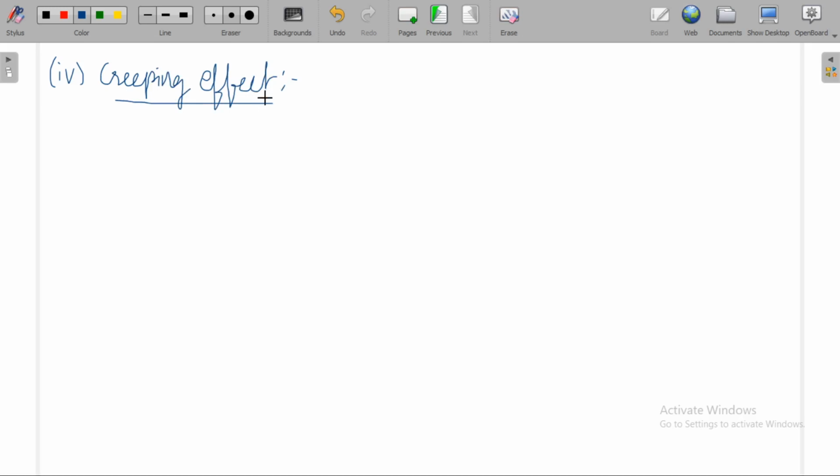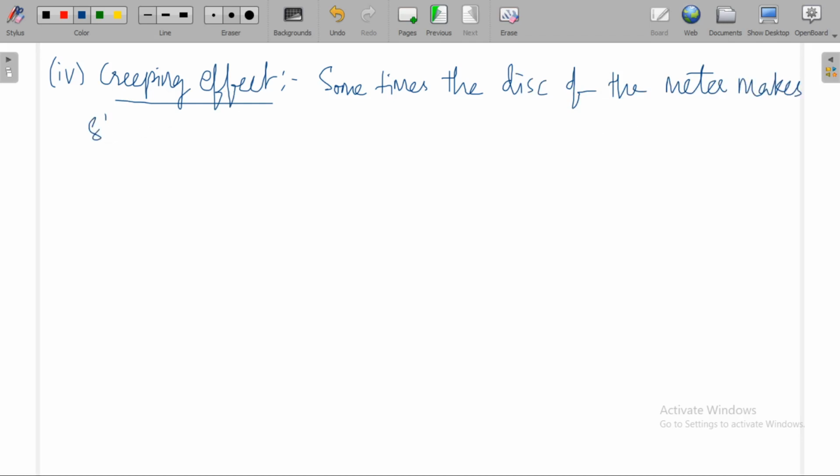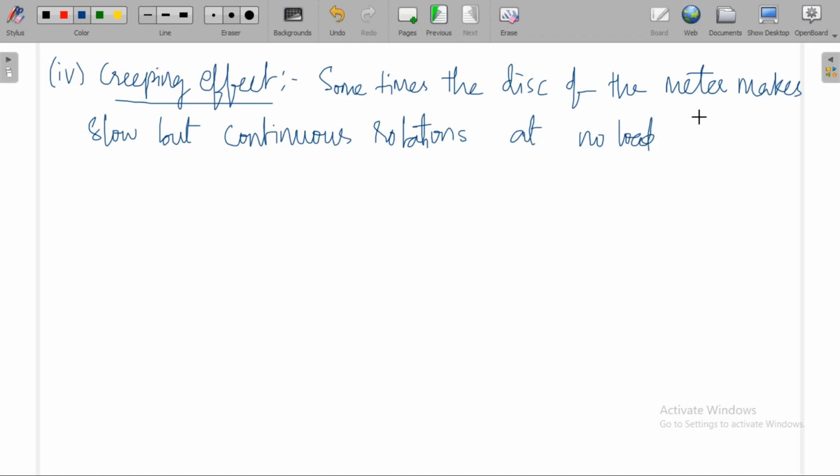Sometimes the disc of the meter makes slow but continuous rotations at no load conditions. This effect is called creeping effect.